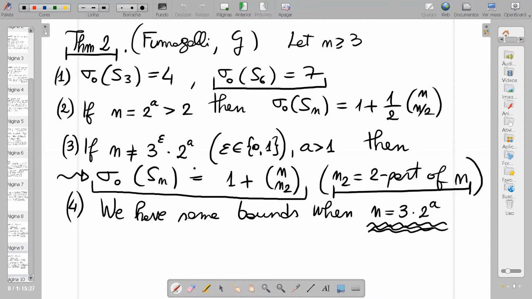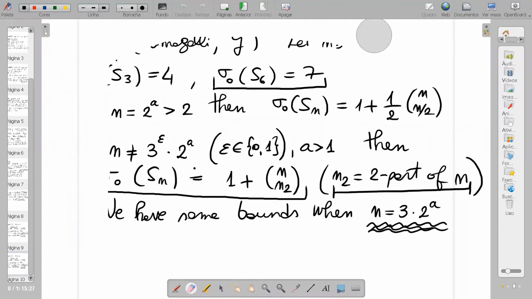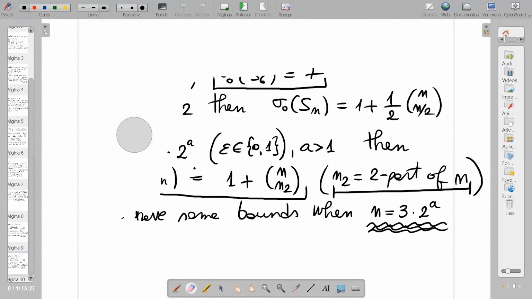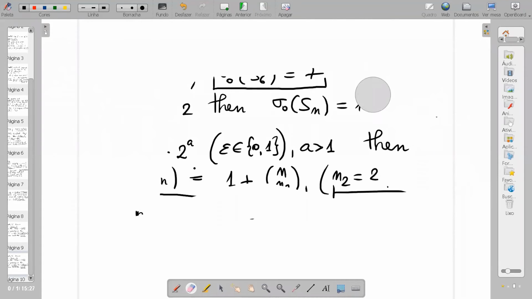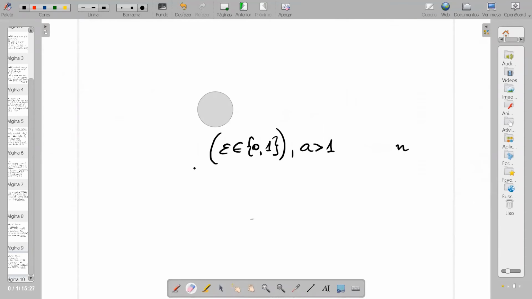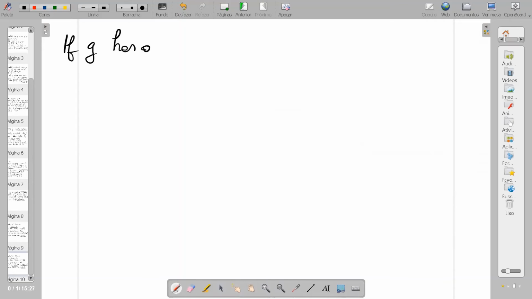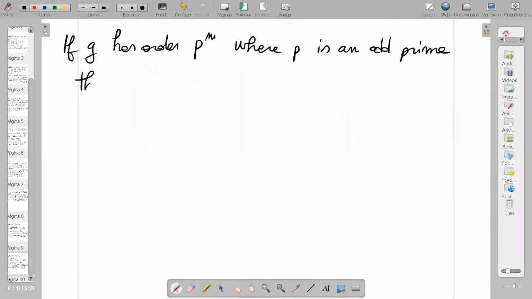And yes, there is something special about 2, because it is very easy to observe that the alternating group contains all the p-elements, all the primary elements associated to odd primes. So if G has order p^n, where p is an odd prime, then G belongs to the alternating group.